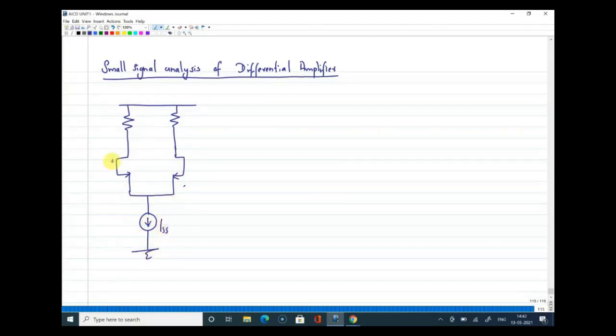As we are doing common mode and small signal analysis, I'm just keeping the tail current as a current source itself to make our analysis easy, and later we will replace that.